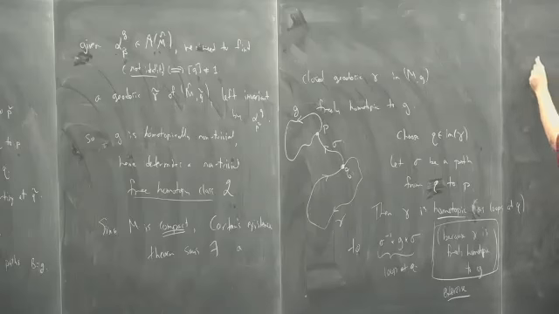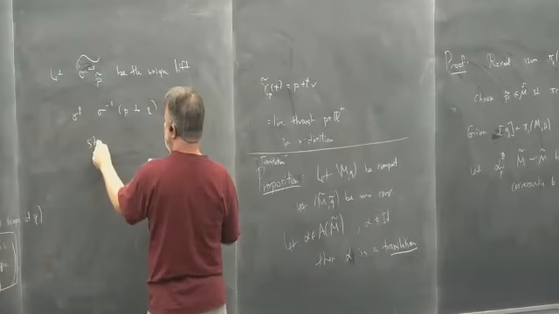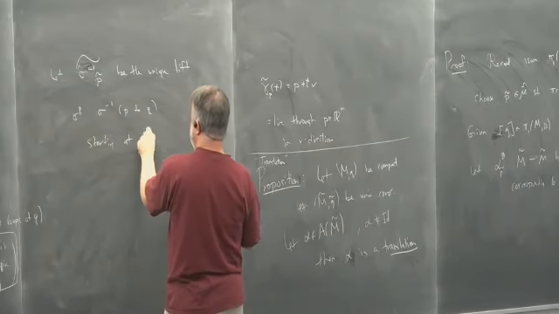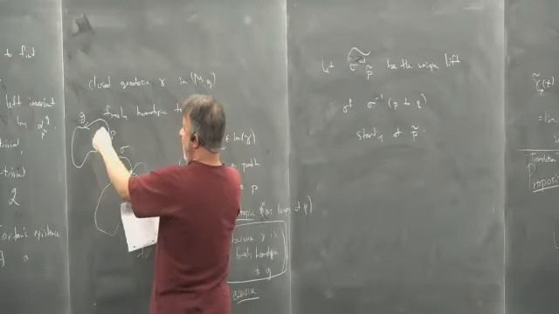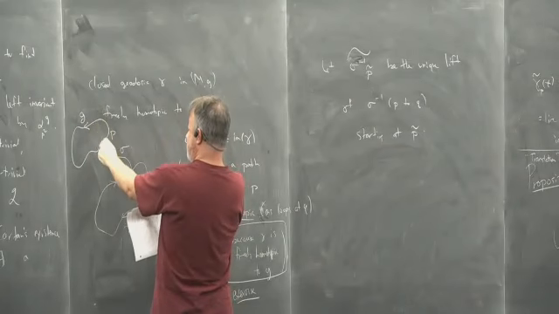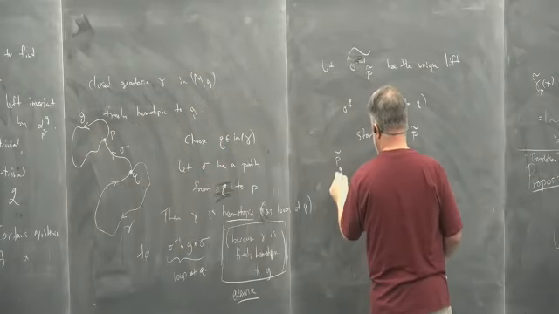So now let sigma inverse tilde at P tilde be the unique lift of sigma inverse, which goes from P to Q, starting at P tilde. P tilde lies above this point in the covering space, and sigma inverse goes from P to Q, so I can lift it. Let me draw another picture. P tilde.